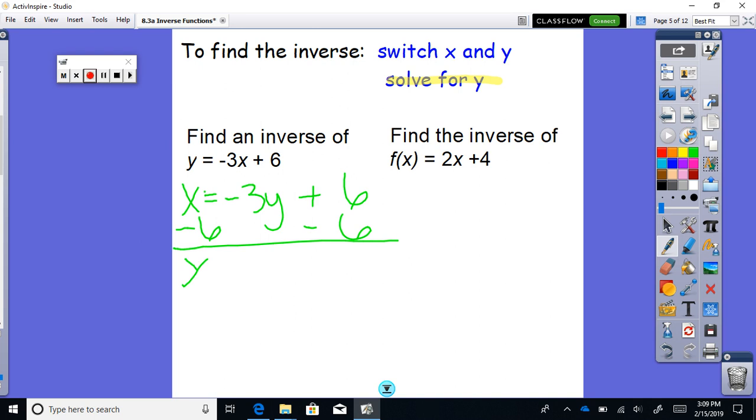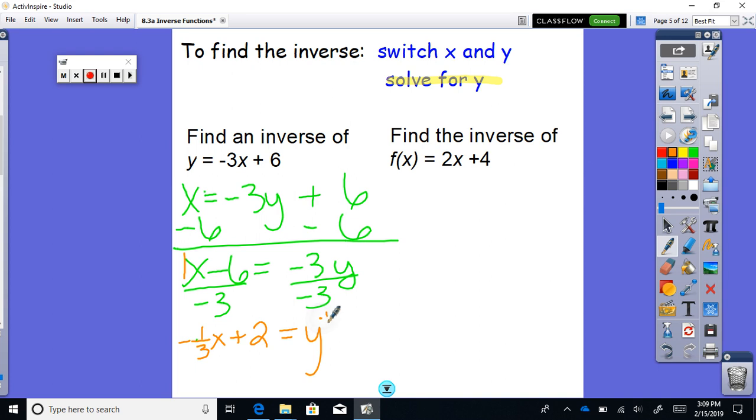You get x minus 6 equals -3y, and then divide by -3. We could either leave it like this, just (x minus 6) over -3, or you could write it as, this is 1 in front of the x, so we'd have a -1/3 x for the 1 divided by -3, and -6 divided by -3 is +2 equals y.